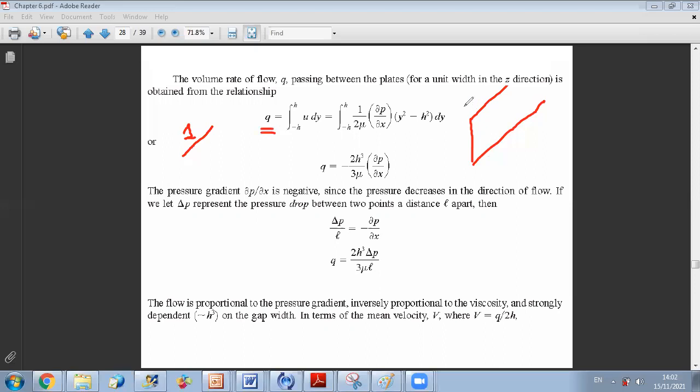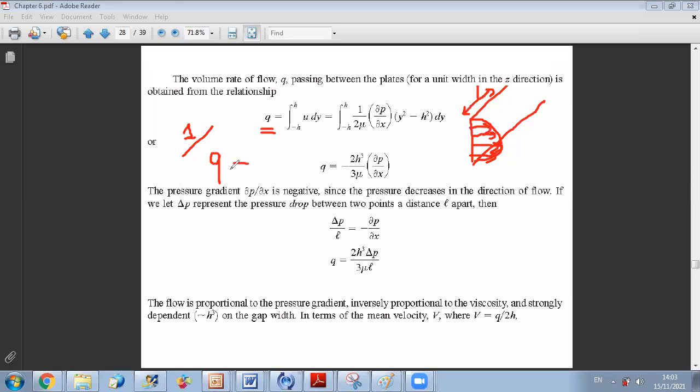So for a depth of 1, and my velocity profile is varying with y, to get Q, I should perform integration to get my volumetric flow rate, because the velocity is varying with y. Okay. Since my velocity is varying with y, I will have to do an integral procedure to get my total flow rate.